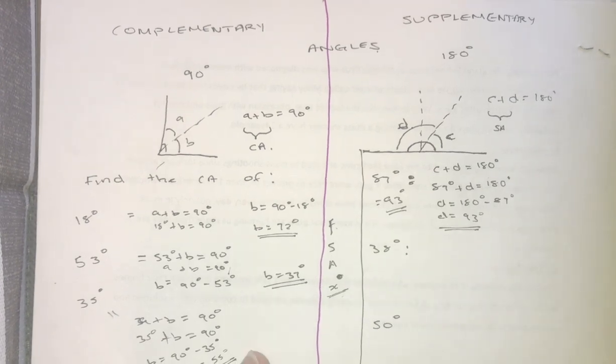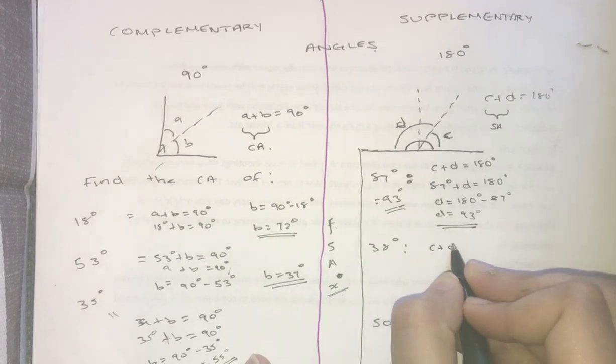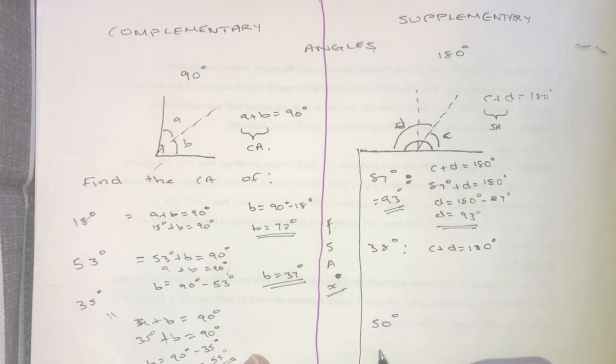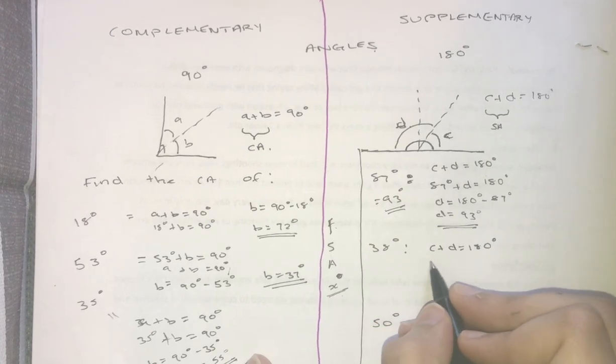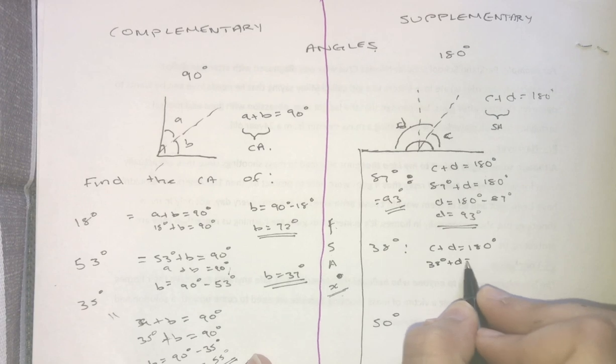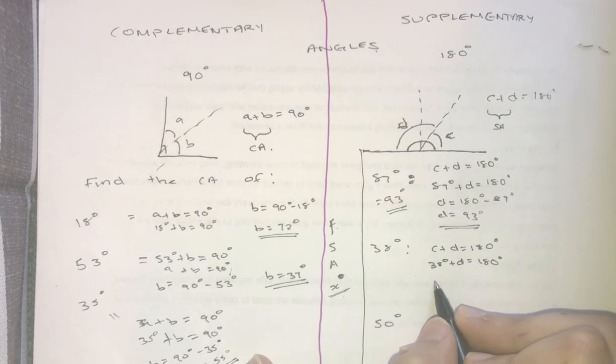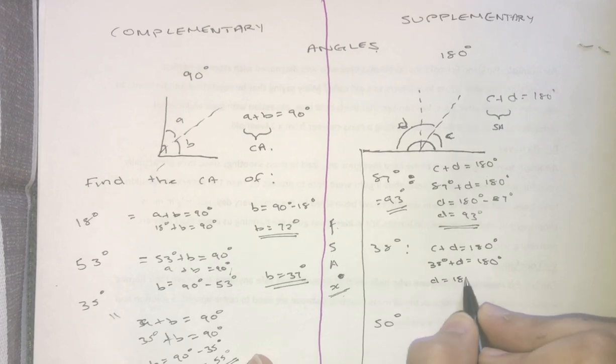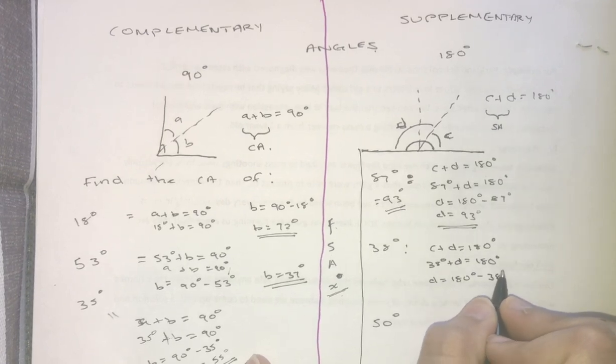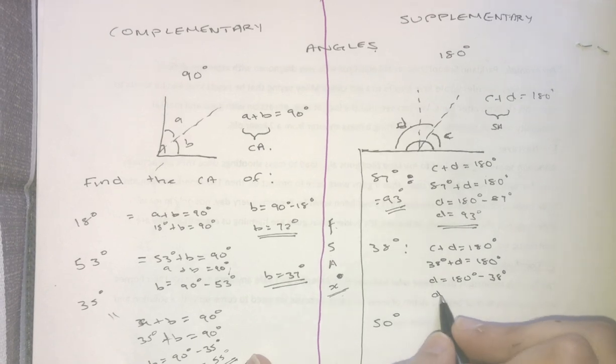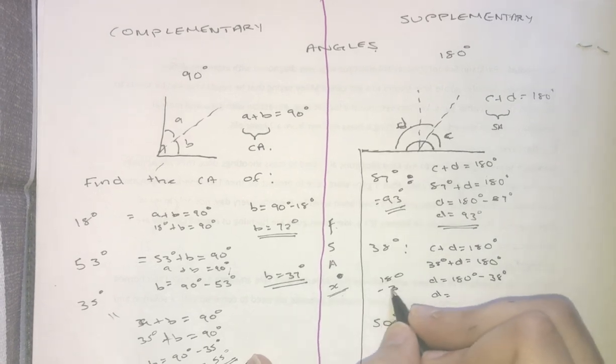That is 38 degrees. So again, use the formula C plus D is equal to 180 degrees. You substitute C is 38 degrees. D is unknown. 180 is a constant. And then basic algebra, collect the like terms on one side. So D is equal to 180 degrees minus 38 degrees. Okay, you subtract 180 minus 38.